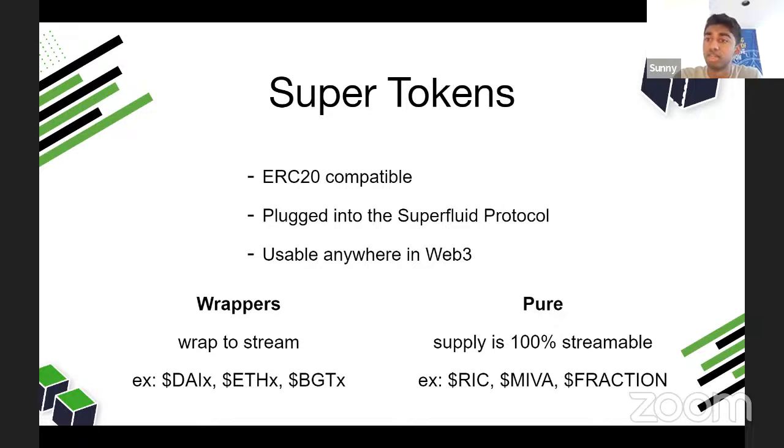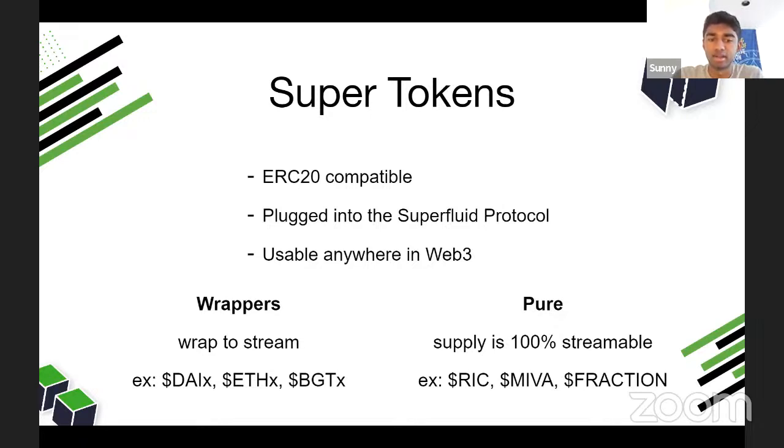So in other words, they're plugged into the Superfluid protocol. And because they're basically like ERC20 tokens, they do everything that ERC20 can, plus the Superfluid stuff. They're usable anywhere in Web3, right? You can transfer them, you can stake them, you can swap them in DEXs, etc. There are no limitations. And super tokens come in two typical forms.